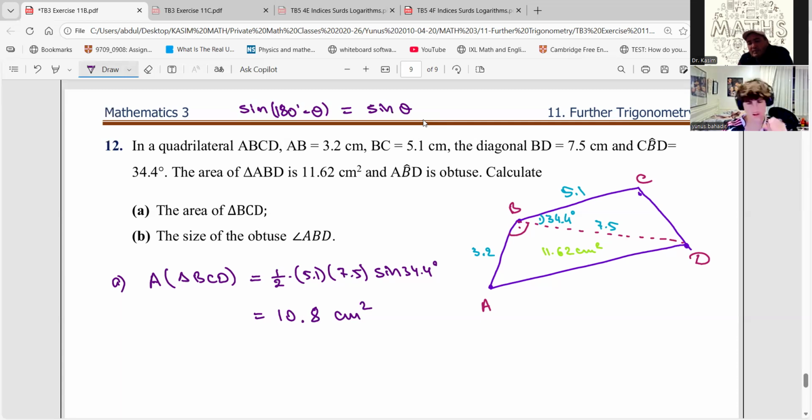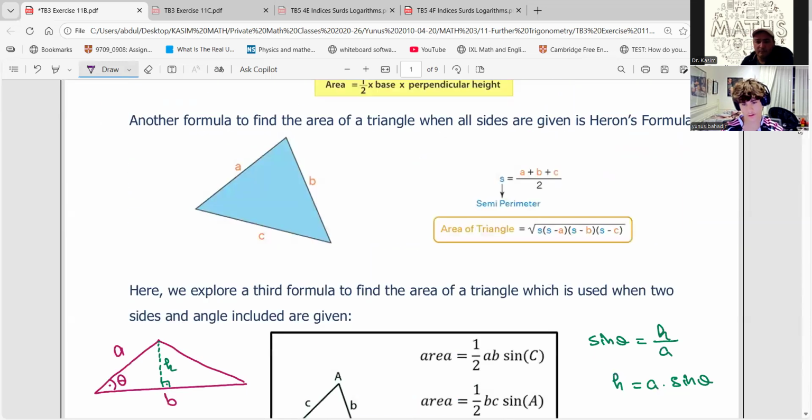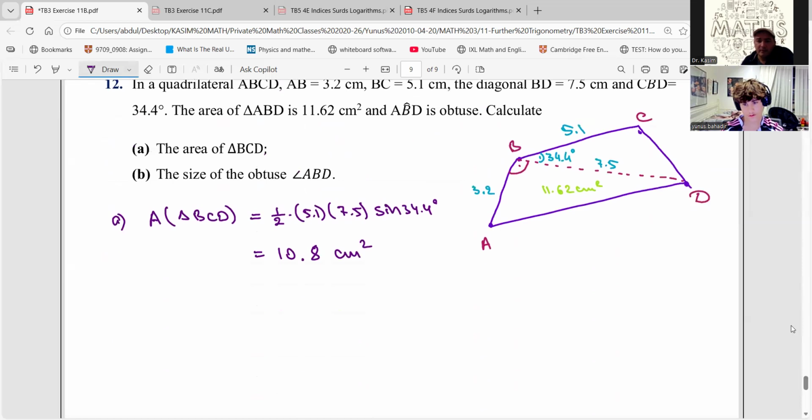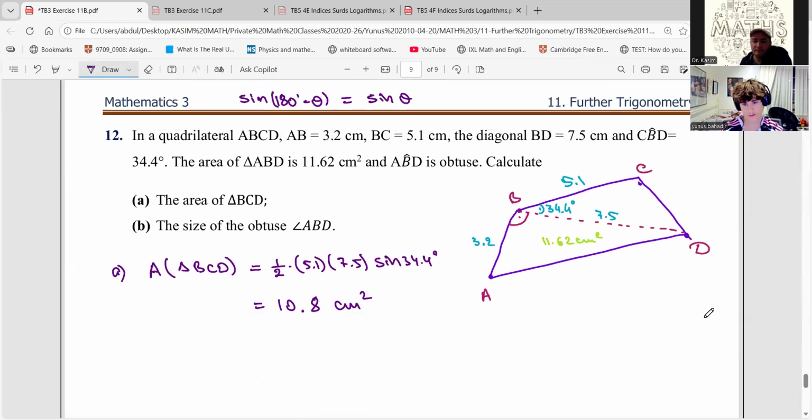Because sine of 30 equals sine of 150, sine of 20 equals sine of 160. You remember we said the four identities? I mean, is angle C 90 degrees? No, it's not given. We don't know.